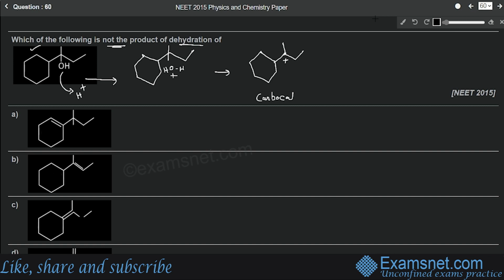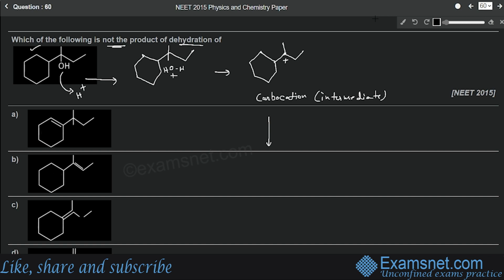Carbocation, that will be the intermediate of the reaction. Now in the next step, one of the alpha hydrogens will be removed and three different types of products can be formed depending on which alpha hydrogen has been removed. So how many alpha hydrogens are there?